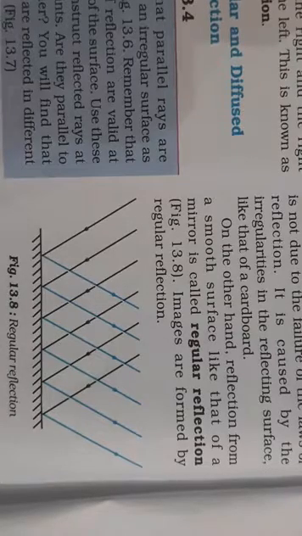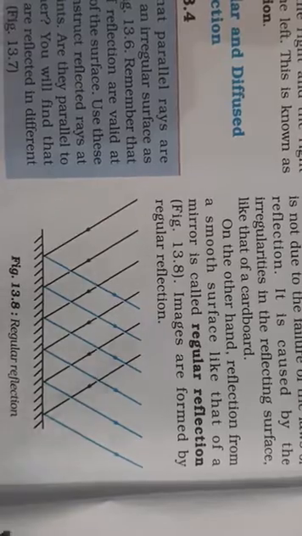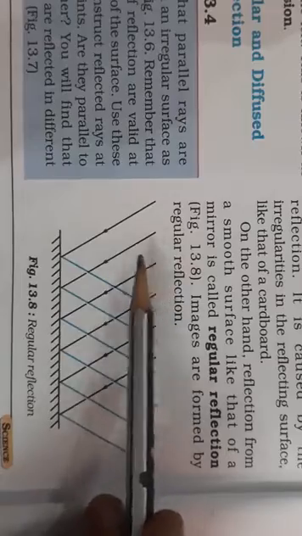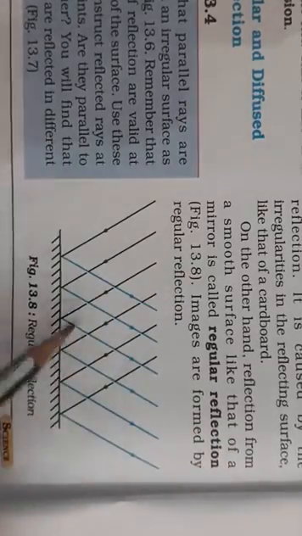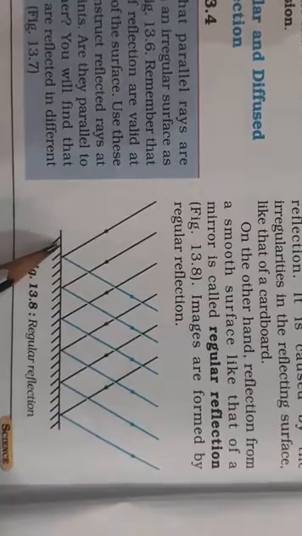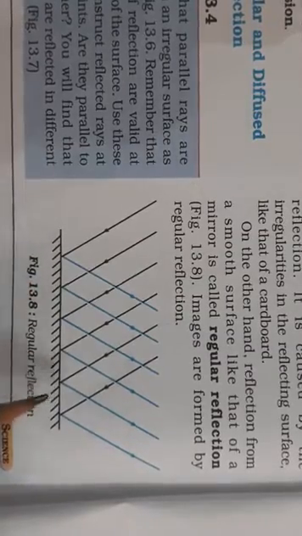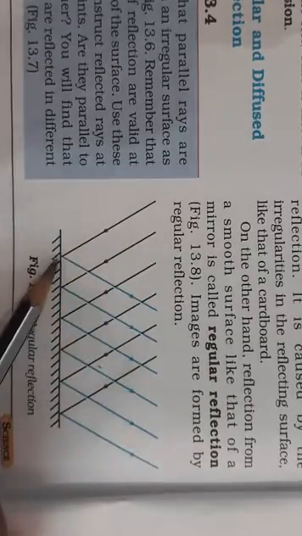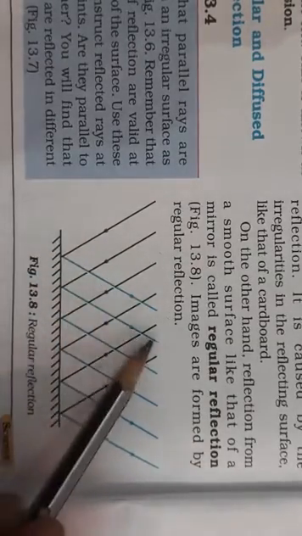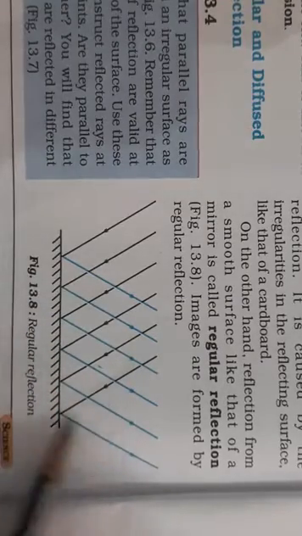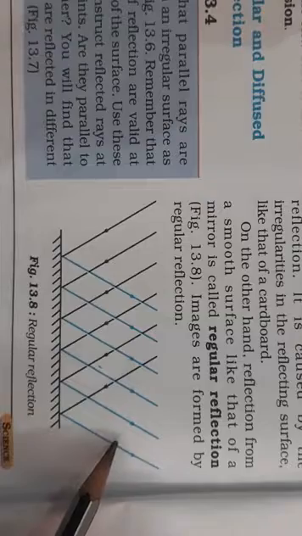But that is not the case when the surface is a smooth surface. Now when the light rays fall on a smooth surface, just like a mirror, you all have seen, it's a very smooth surface. So when the incident ray falls on a smooth surface, the reflection that takes place, you can see, they are not scattered away, they are regular.